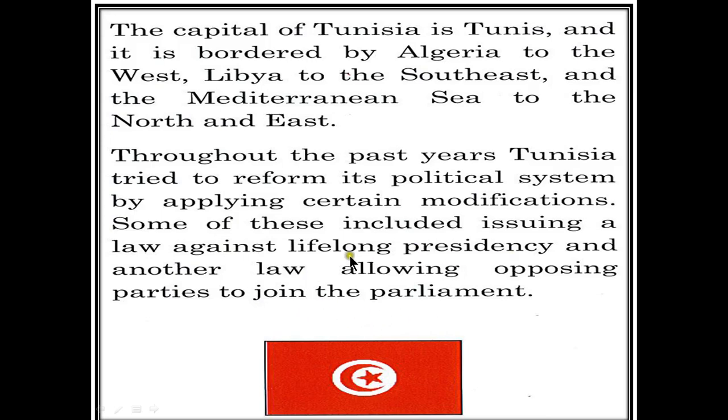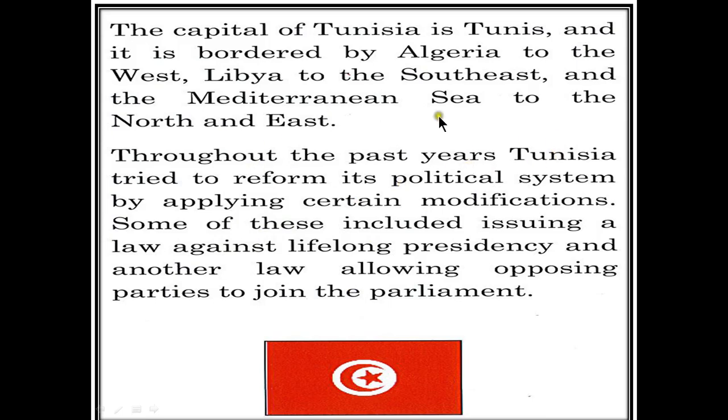There was a president's rule, which was a lifelong presidency rule. If the opposing parties are in the parliament, then they can raise some issues related to the public benefit. So this is all about Tunisia.